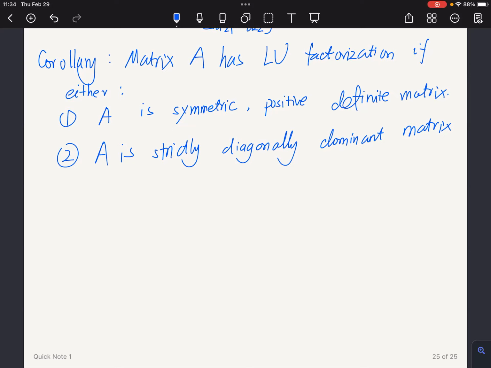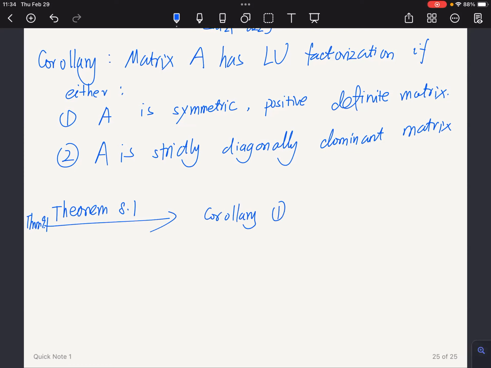That is theorem 8.1, which helps you transfer from theorem 9.1 to corollary 1 here.